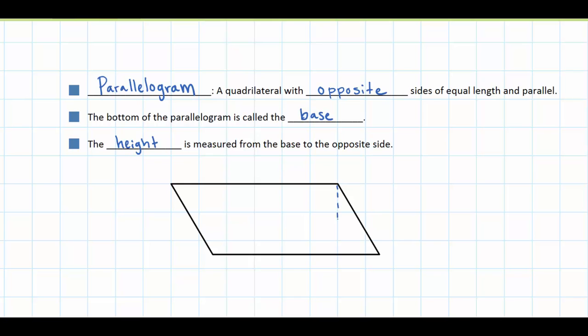So this is the height, and we often call that h. And this is the base. This side is the same length as this side. And this side is the same length as this side. We often call the base B.